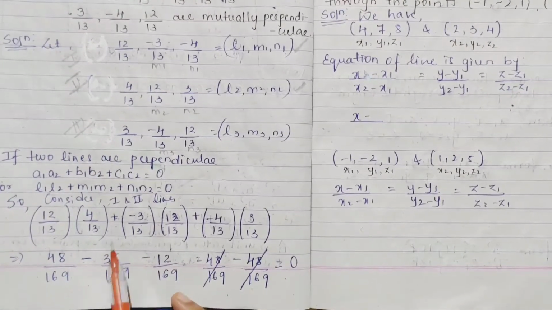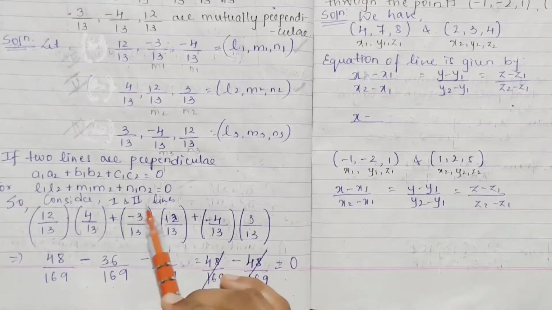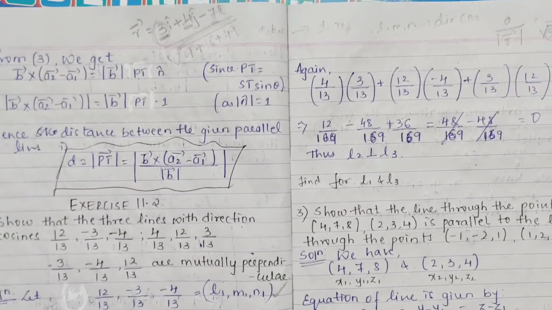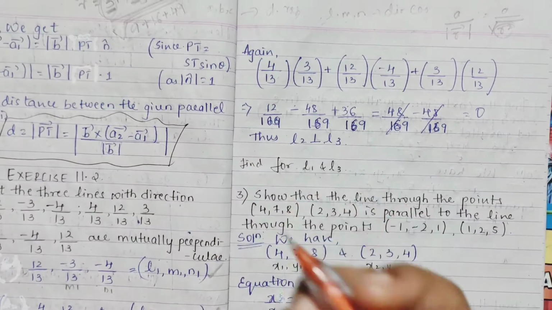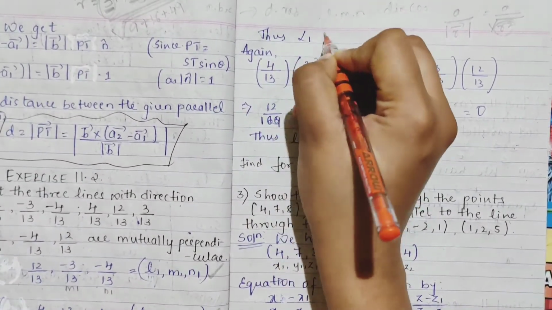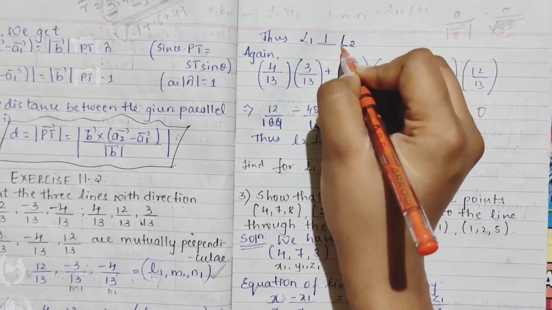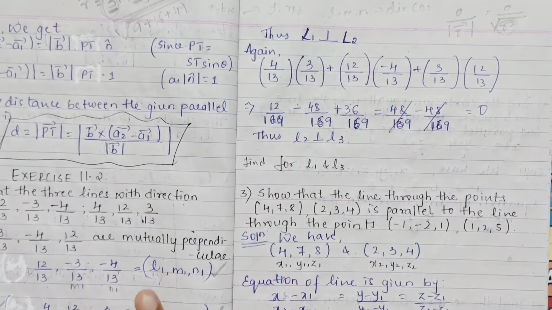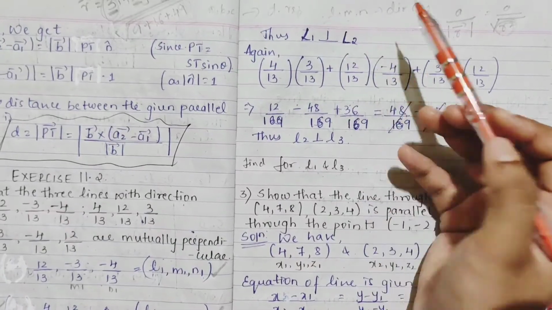So thus line 1 and line 2 are perpendicular, so you can write capital L1 perpendicular to L2. I have taken capital L so that we shouldn't get confused. Direction cosines we take as small l, m, n.